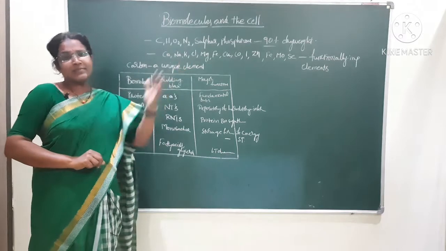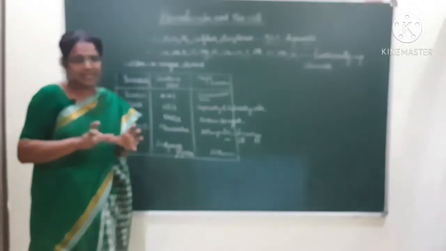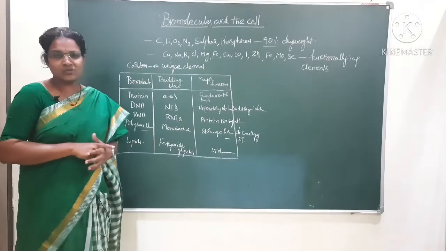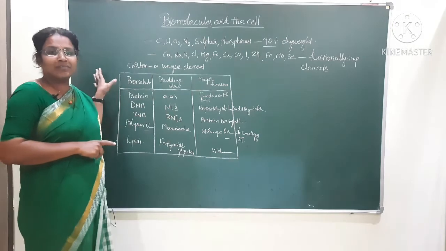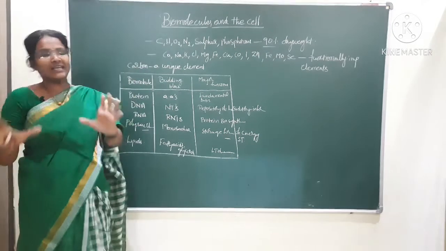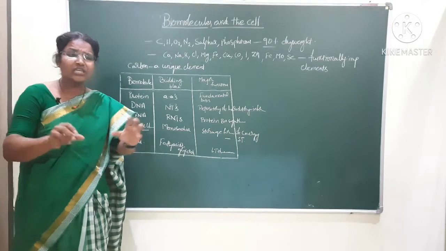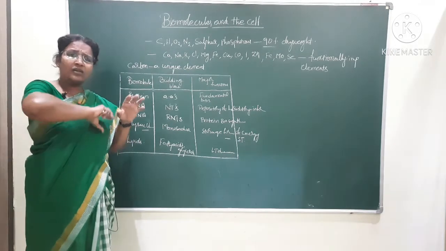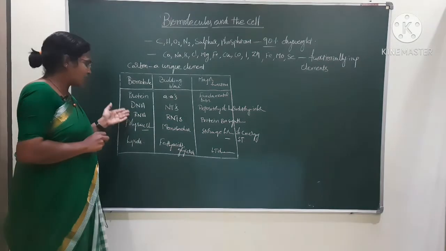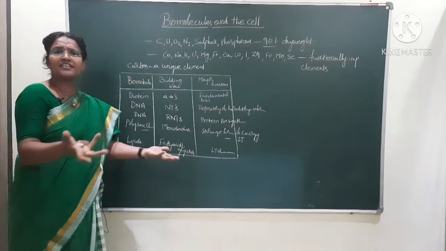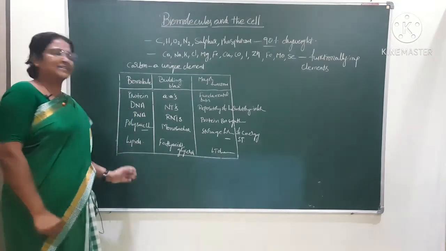In biochemistry, the characteristic features of carbon you can study in chemistry, but in the biomolecules it is a unique element. Why is it unique? For example, you take DNA, RNA, protein, polysaccharide, lipid; if there is no carbon, there is no element.